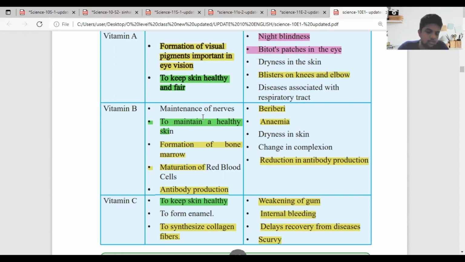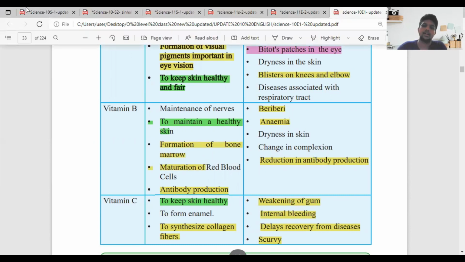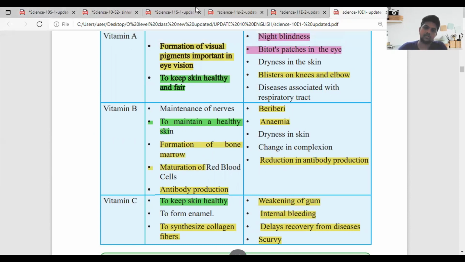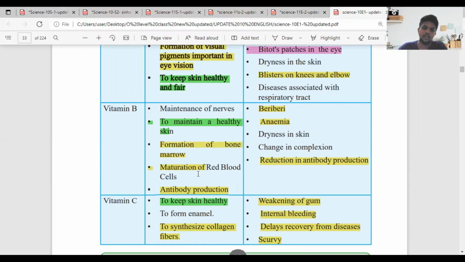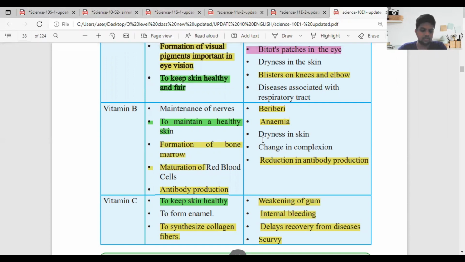Okay. So if we are not taking a sufficient amount of vitamin B, we have to suffer with it. Okay, vitamin B. Maintenance of red blood cells, anemia, changes in complexion, reduction of antibody production. So the answer for that is vitamin B2.